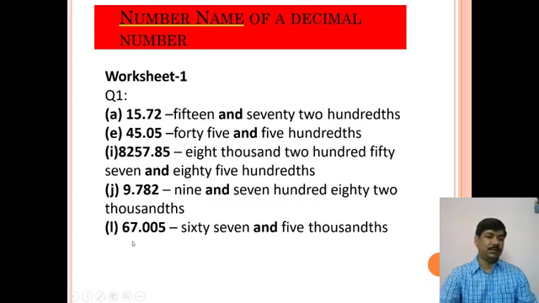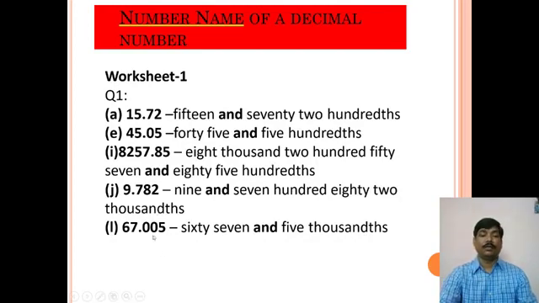And in this number, the whole number part is 67 and the number is written up to the thousandths place. So it is read as whole number and thousandths: 67 and 5 thousandths. In this way we can write.